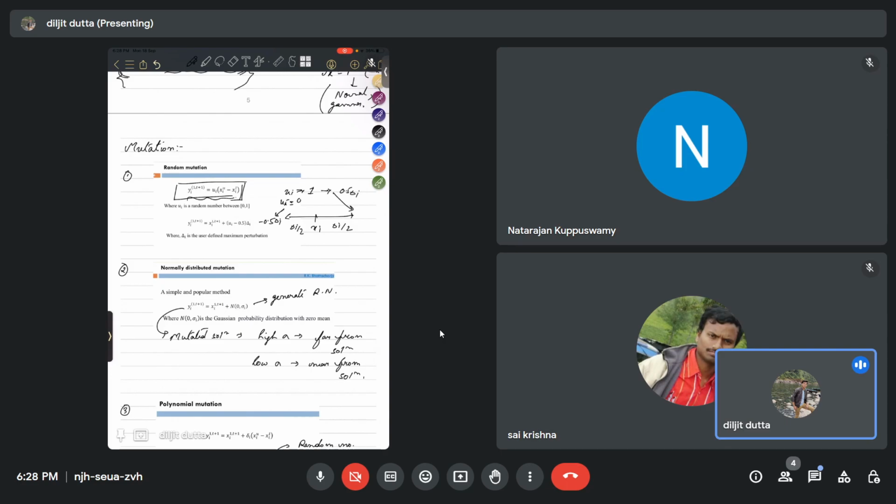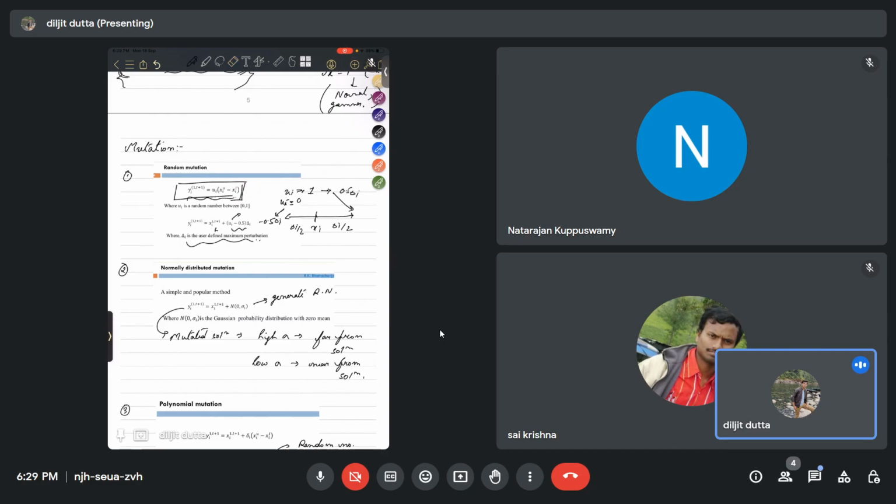Again, ui is the randomly generated number between 0 and 1. So the new bit will be defined as xi, the initial bit that we had, plus ui minus 0.5 into delta. We can generate ui randomly from 0 to 1 based on the uniform distribution. And delta is the user defined maximum perturbation.